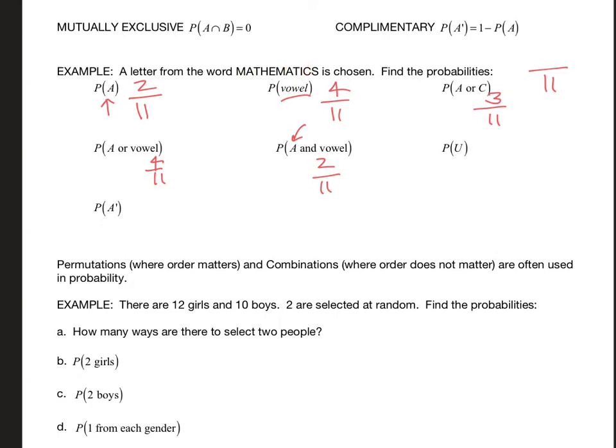U. Last time I checked, there weren't any U's in mathematics. That's a probability of 0. And then the probability of not A. So I could either count all the letters that are not A, or I can use the rule up above. Since I know this is 1 minus the probability of A. It's 1 minus 2 elevenths, or 9 elevenths.